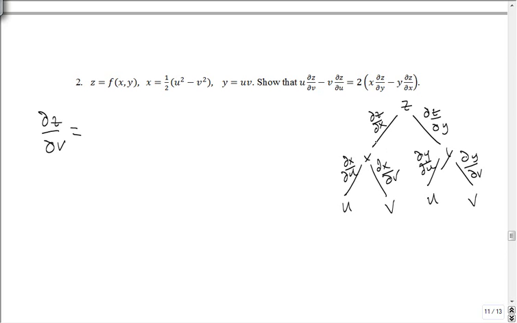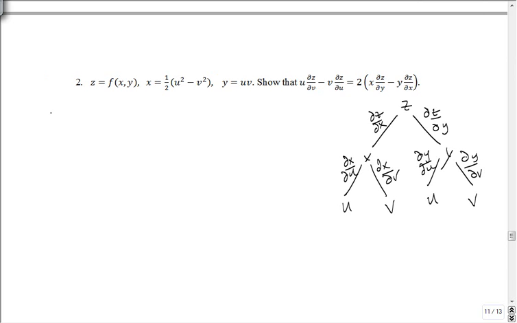Oh, before we do that, let me back up a bit. I'm doing too many things in one go. Let's take this out. Let's find the partials that we can find first, so that I don't do too many steps in one. We cannot find partial z with respect to x or partial z with respect to y, so leave that alone. We can only find the partials for x and for y.